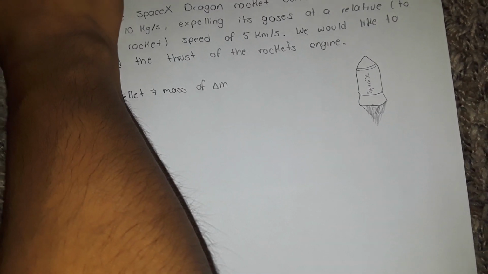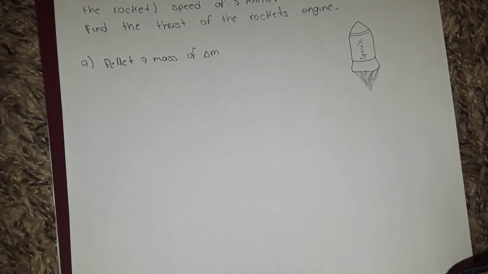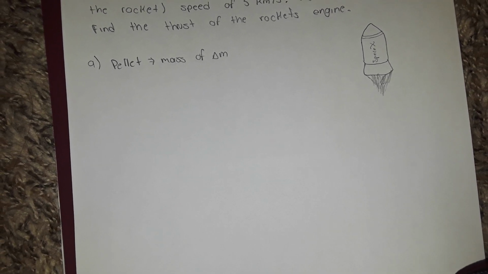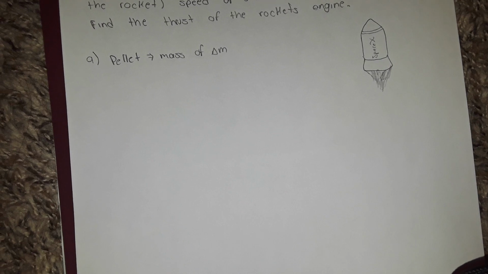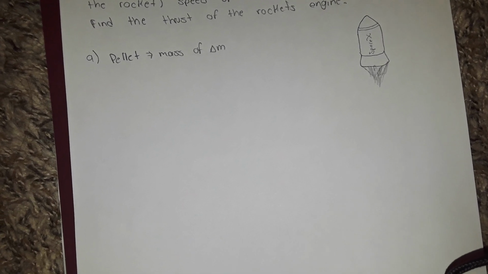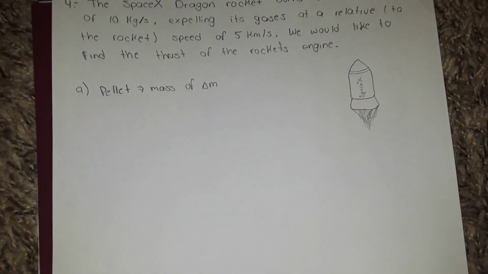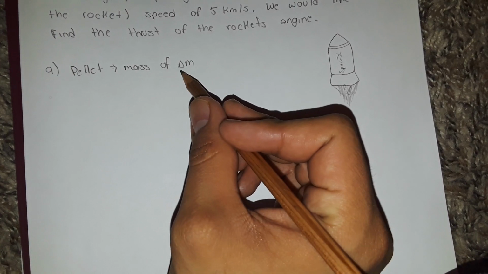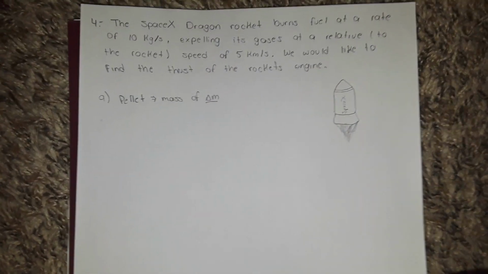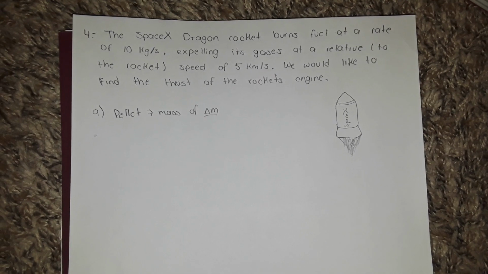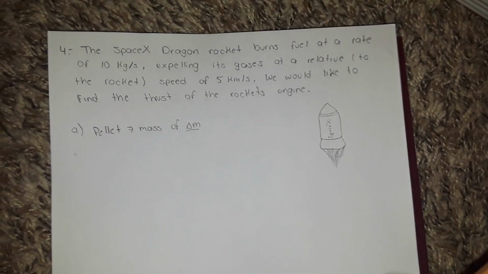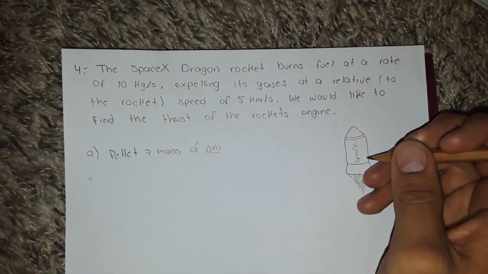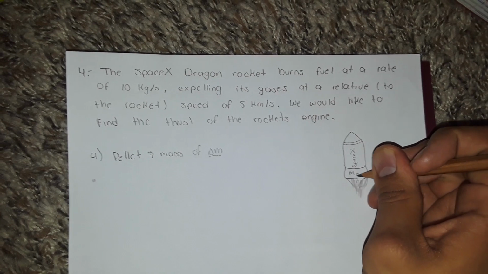Okay, so the first question, part A, is asking to model the fuel burning as a steady ejection of small pellets, each with a small mass of delta M. So for this we have to consider the mass of a pellet, which is delta M. Here we have to think about the fuel, and usually in this case, this rocket would start with a mass of M0.